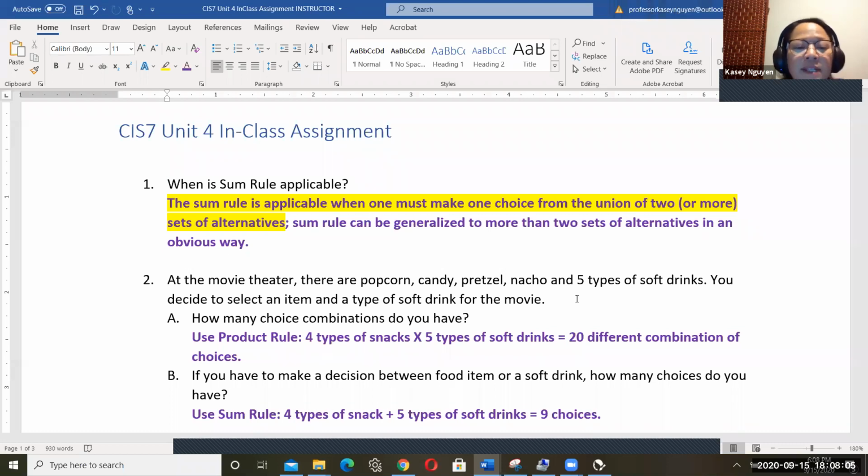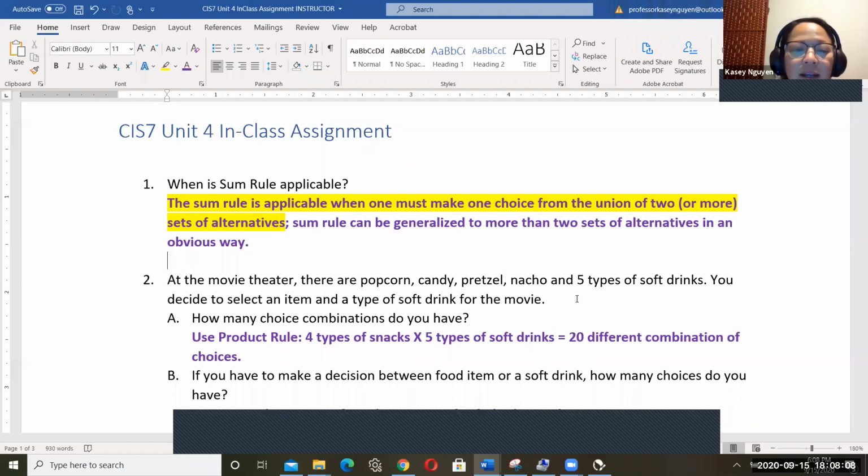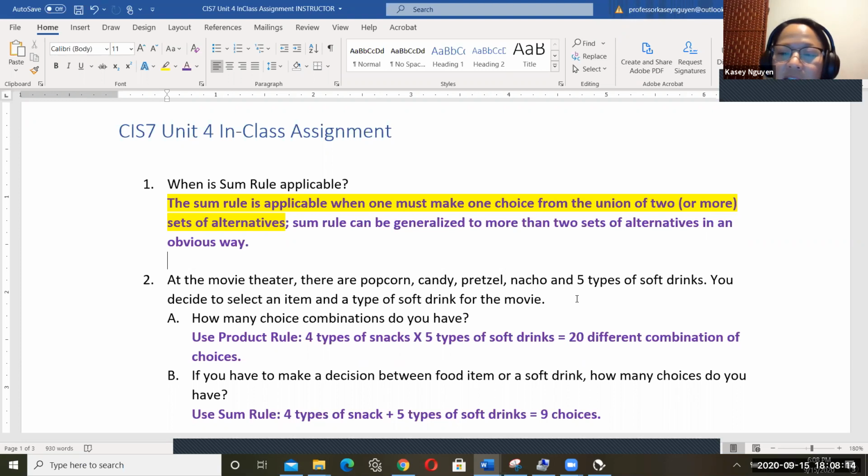So for number 2, it said at the movie theater, there are popcorn, candy, pretzel, nacho, and 5 types of soft drinks. You decide to select an item, that means an item of food, an item of snack, and a type of soft drink. So how many choice combinations do you have? In this case, we have food and drink that we have to select.